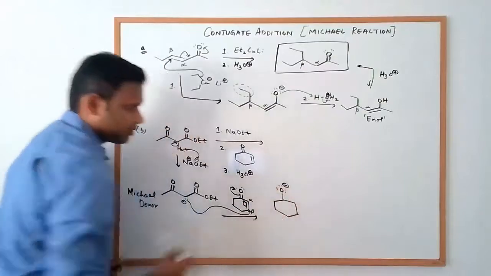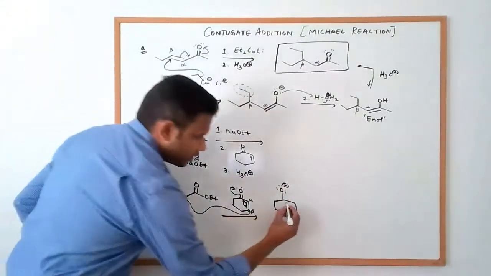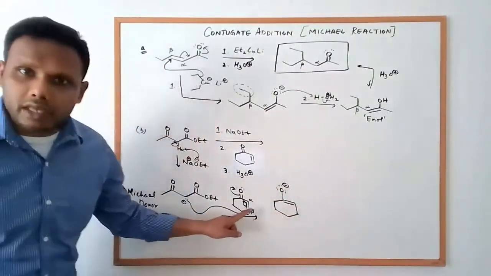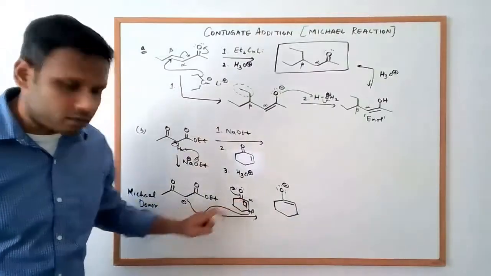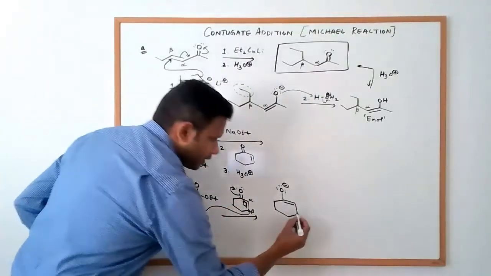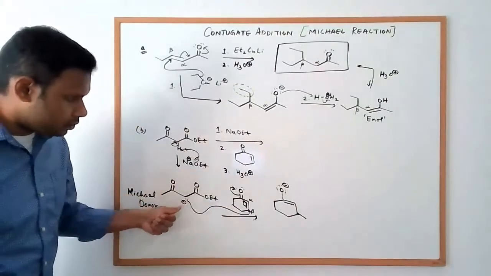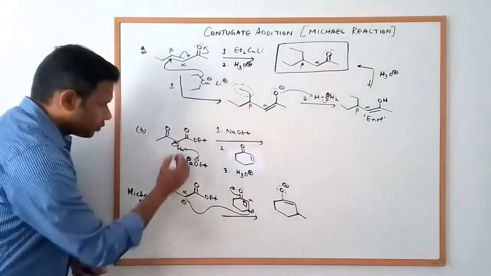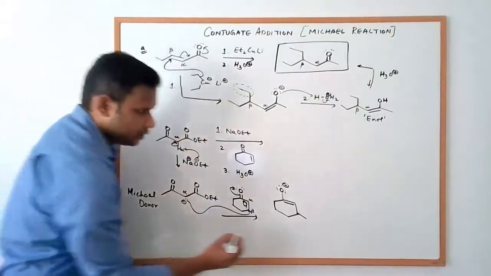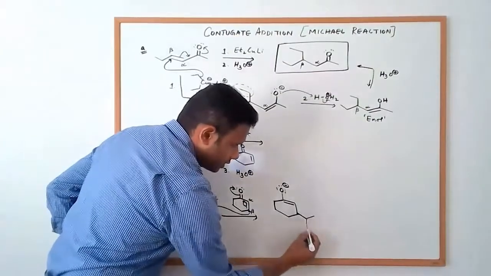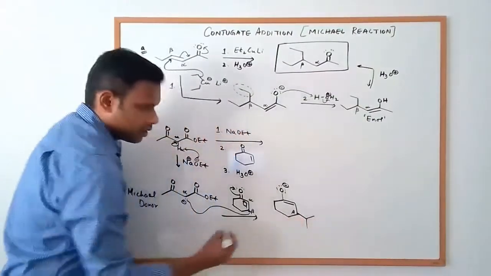The oxygen would have a negative charge. There should be a double bond between the alpha carbon and what was the carbonyl carbon. And on the beta carbon, we should have this nucleophile connected through that alpha carbon. So the alpha carbon is connected to the beta carbon here.